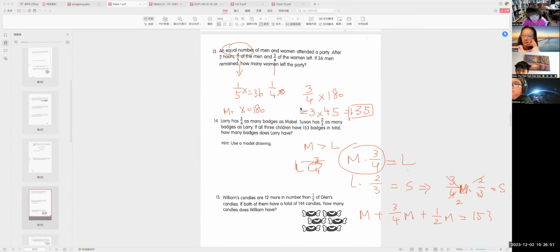Okay, so you can just calculate it. It equals 5/4 M plus M, so it's 9/4 M, which is 2 and 1/4 M. So 9/4 M equals 153. So how to do it? Times 4/9, times 4/9.